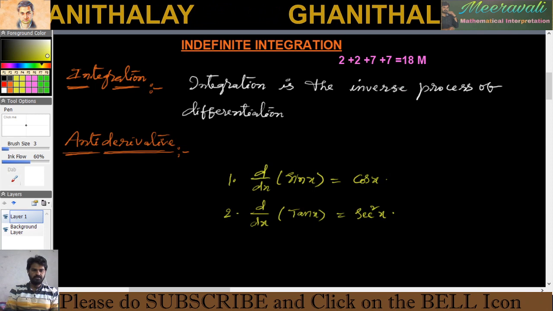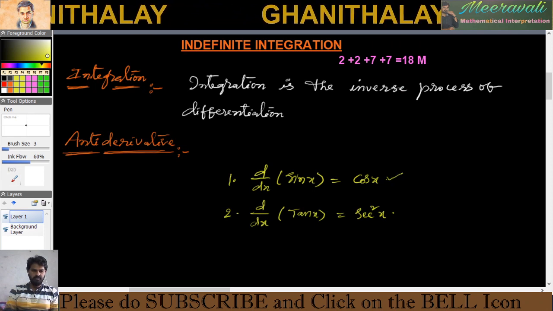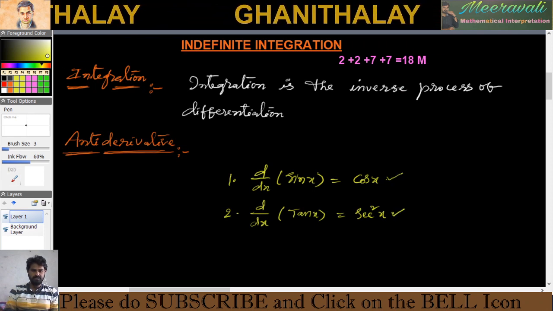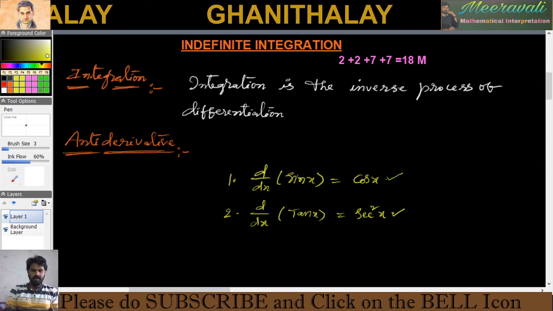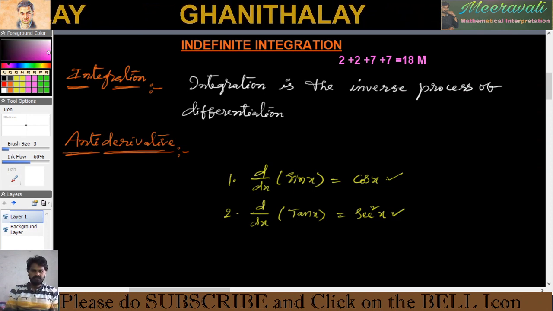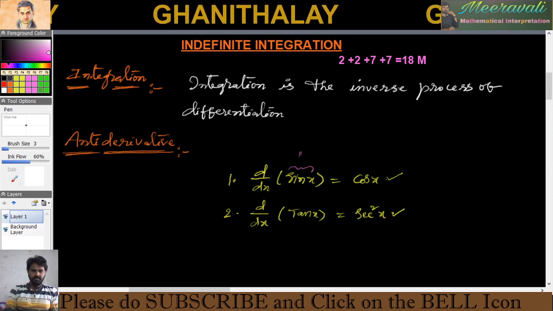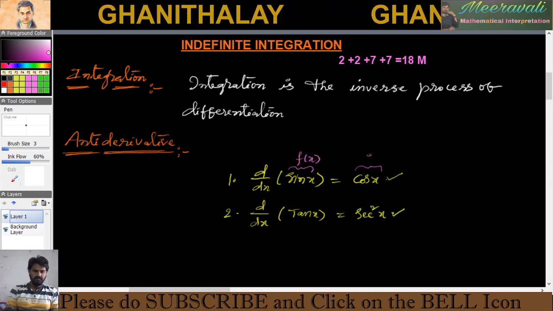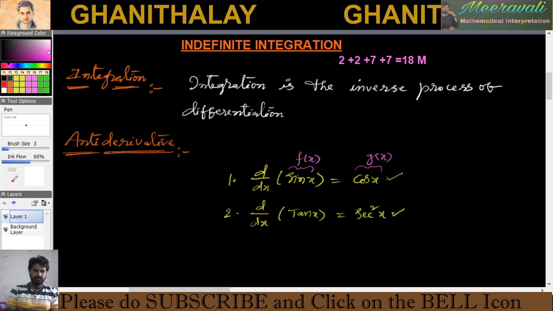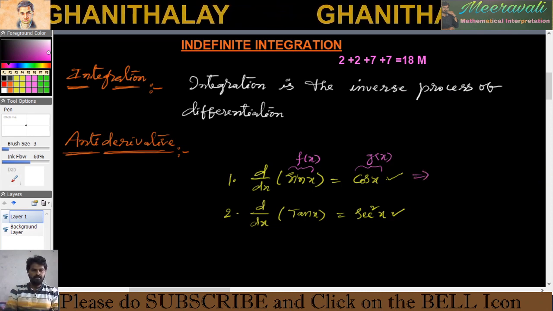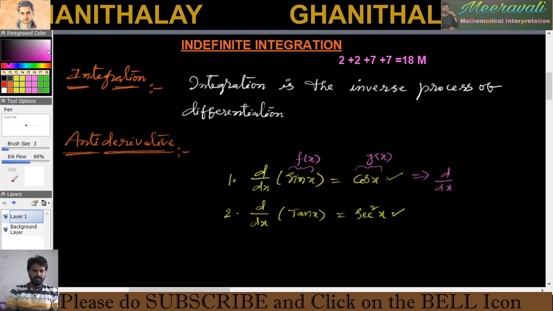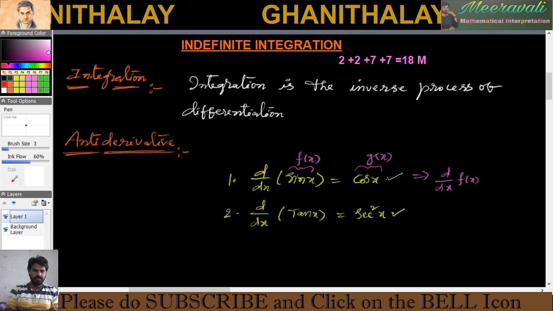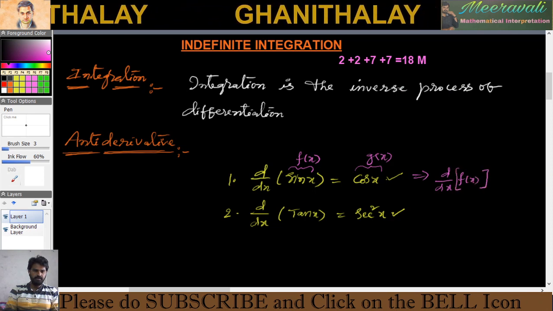So derivative of sin x is equal to cos x and derivative of tan x is equal to secant square x. Here for example, I have considered sin x to be f of x. Now this will be g of x. Now how much will you get here? Derivative of f of x is equal to how much will you get?